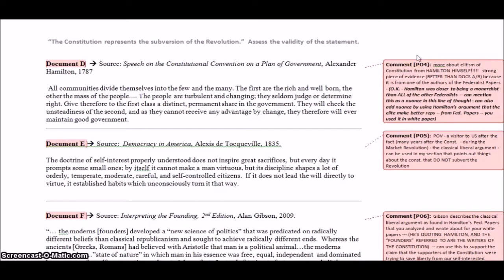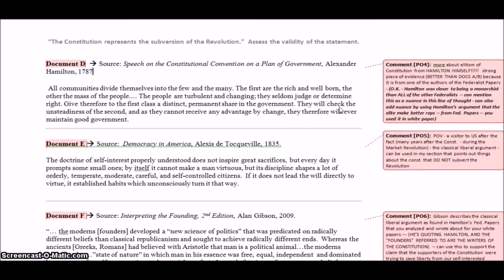And why is it a strong piece of evidence? Why is it better than Docs A and B? Because it is from one of the authors of the Federalist Papers, the most famous set of documents to support the Constitution. Now, some outside knowledge you can bring in here.